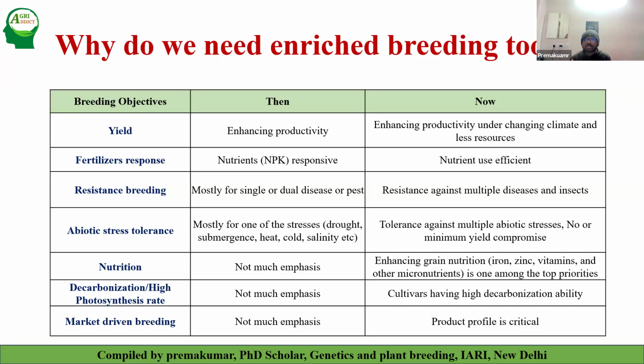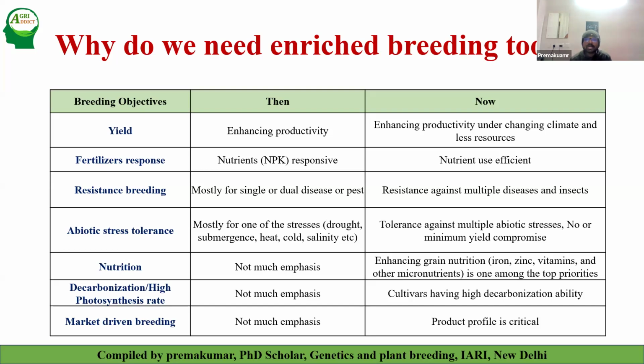We are targeting higher productivity while combating urbanization and climate change. Earlier, breeding was more focused on NPK responsiveness. During the Green Revolution, we bred varieties to grow in high-input environments so that production would immediately increase and we could feed the population. But nowadays, we are talking about use efficiency: water use efficiency, nutrient use efficiency, fertilizer use efficiency.